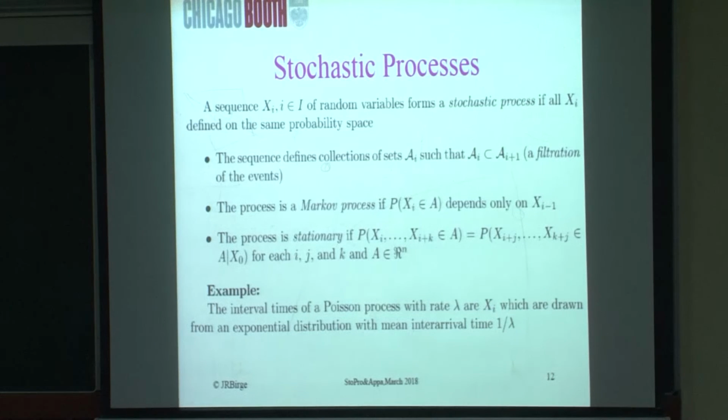So if I take it from i to i plus k, and I shift it by a given number j, to i plus j through k plus i plus j, that's not going to change things. So then that makes the process stationary. Okay.